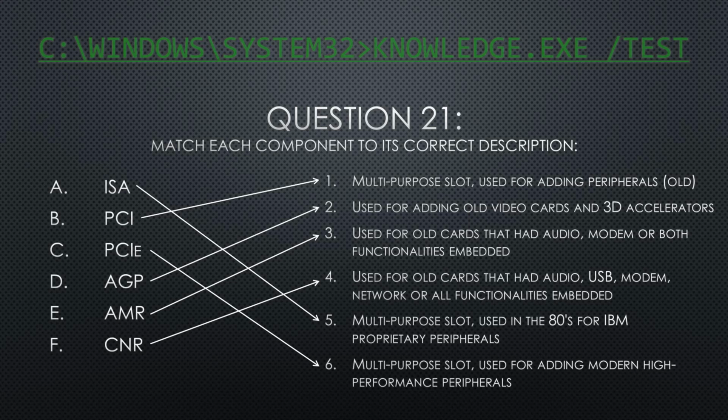That would be the evolution of PCI. AGP is used for adding old video cards and 3D accelerators, nowadays deprecated. AMR was used for old cards that had audio, modem, or both functionalities embedded. And CNR was used for old cards that had audio, USB, modem, network, or all functionalities embedded.